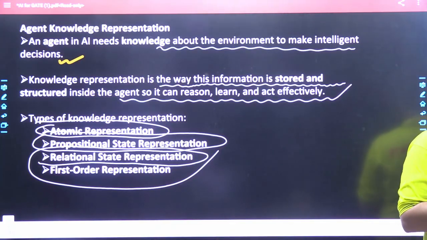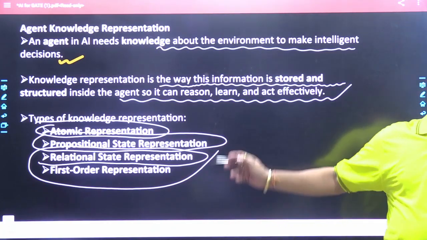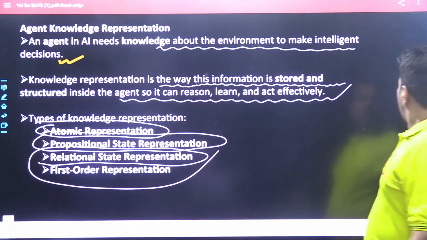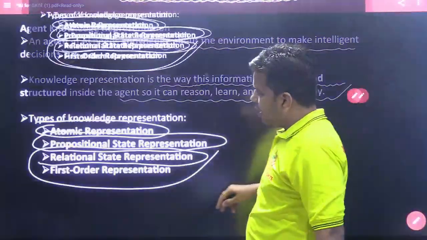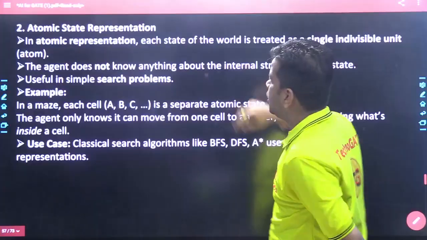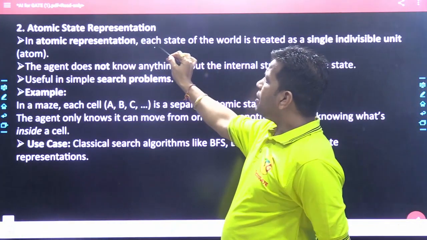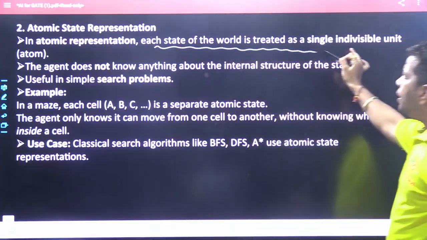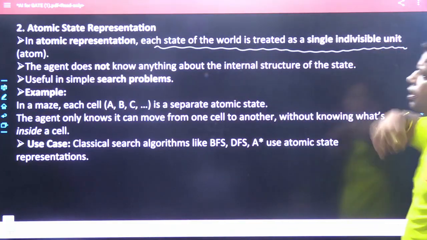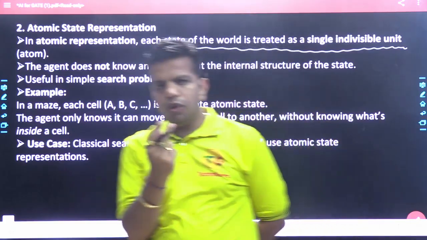Now see, the first is atomic state representation. In atomic representation, each state of the world is treated as a single individual unit, that is called an atom.